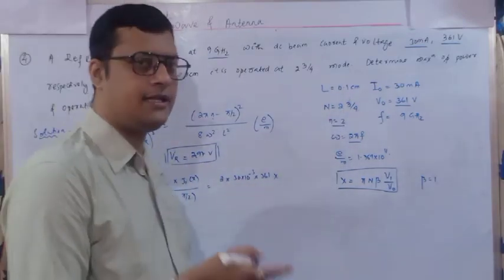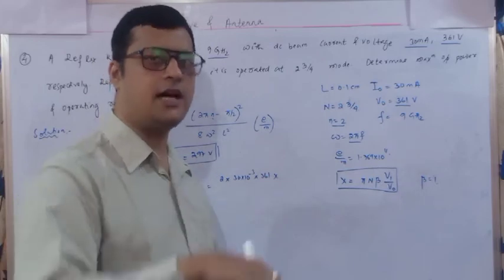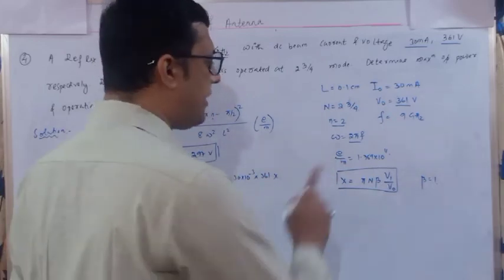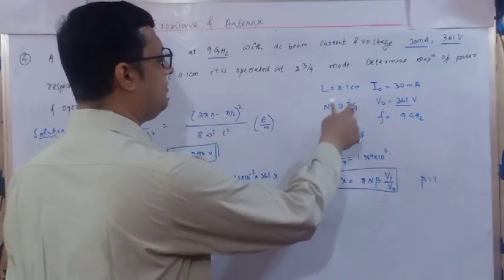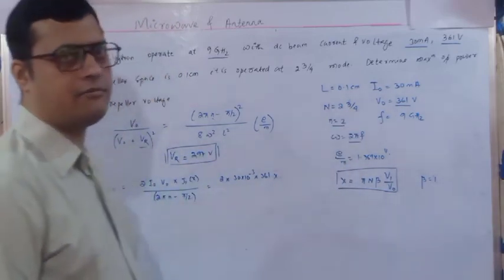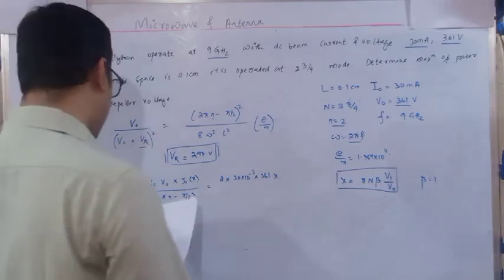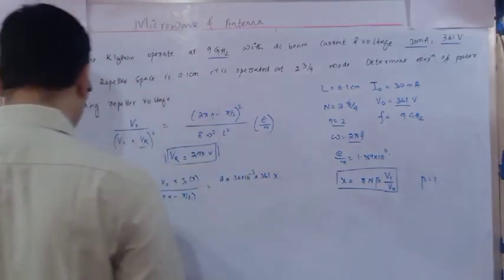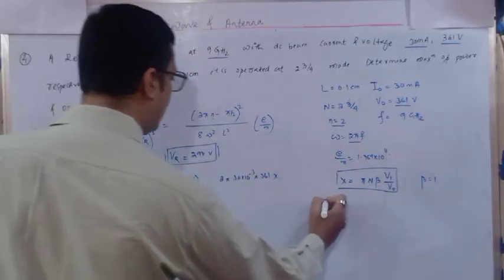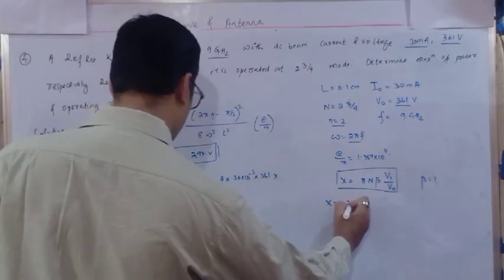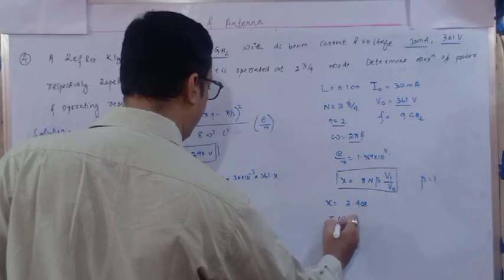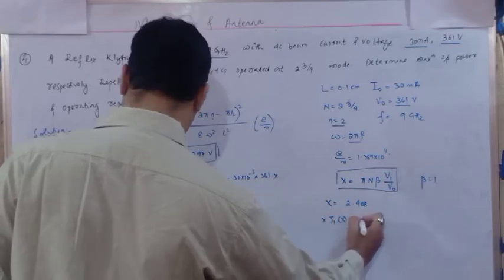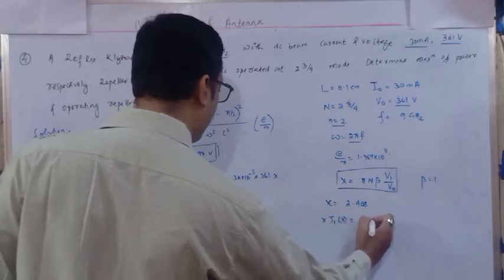V naught is the DC beam voltage, V1 is the RF potential. Here the RF potential is not given, so with respect to this n, the X value is determined. X is equal to 2.408, and J1 of X into X we will get around 1.252.